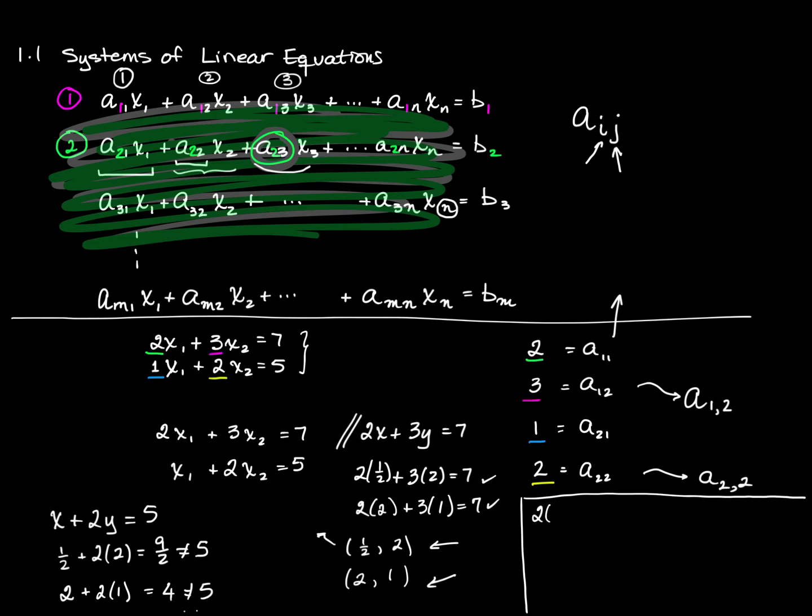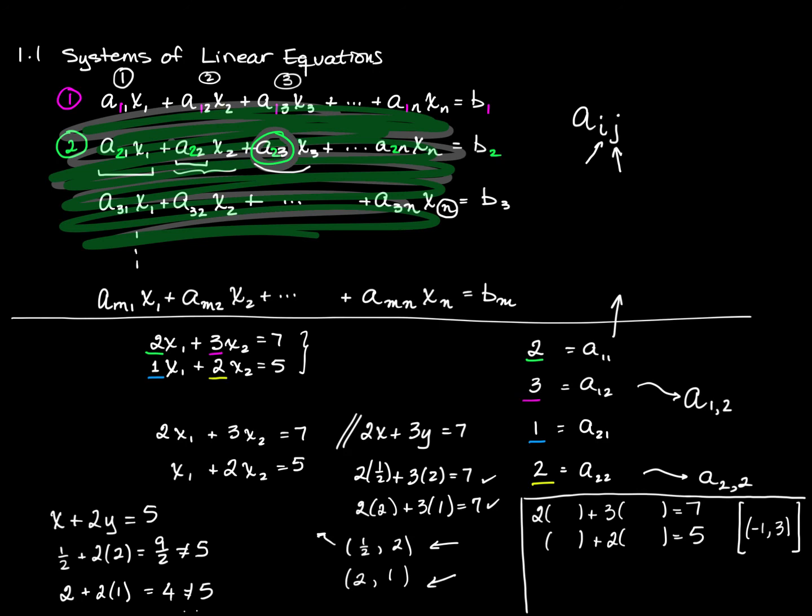I have 2x plus 3y equals 7 and x plus 2y equals 5. And I'm going to test the pair of numbers -1, 3: x equals -1, y equals 3, or x1 equals -1, x2 equals 3.